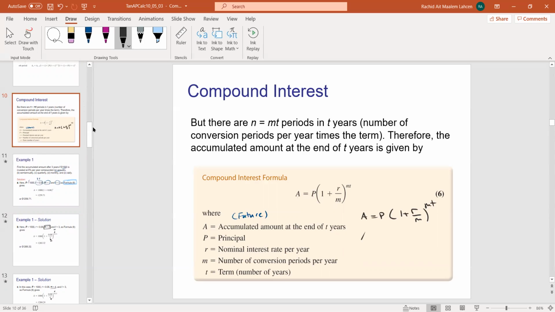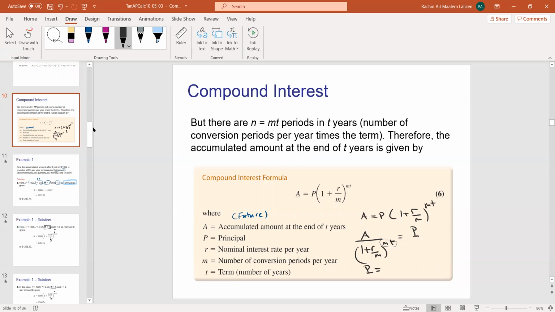If you divide both sides by that, you get this. And remember, this is an exponent. We know exponents, we can bring it up by making it negative. If it's negative, it comes down.